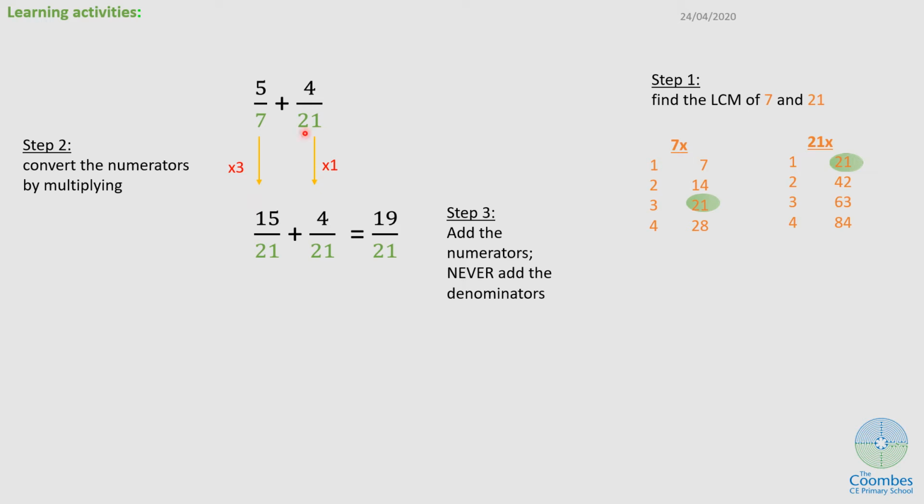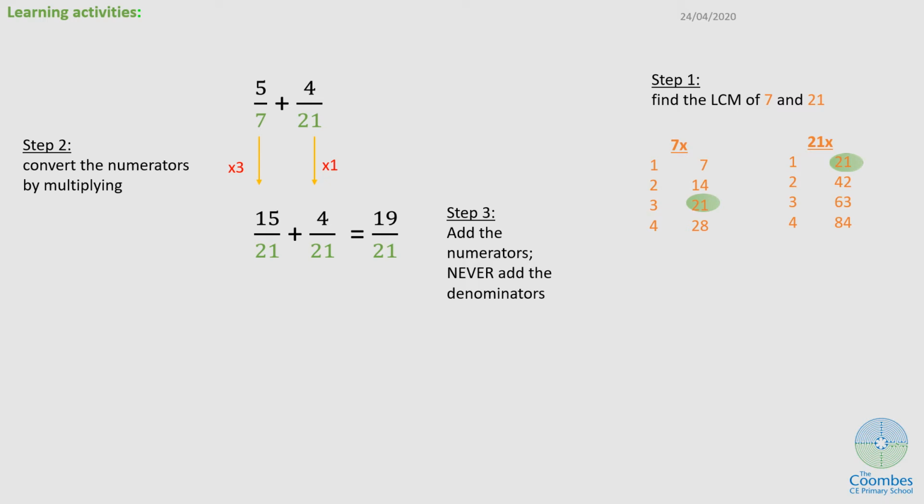Now this denominator is already 21, so I really don't need to multiply by anything, but I've just written times 1 because I know 1 times anything is that thing. So I still have my denominator of 21, and here is still a 4.